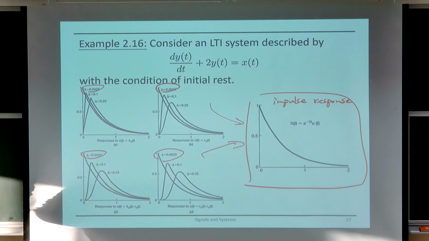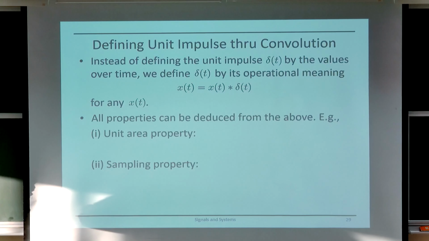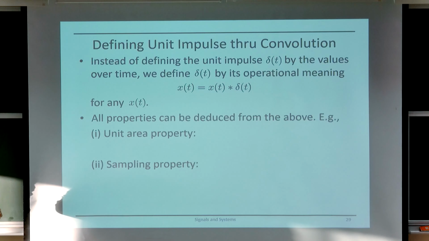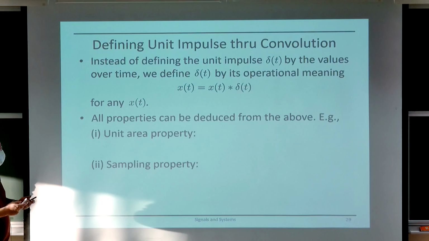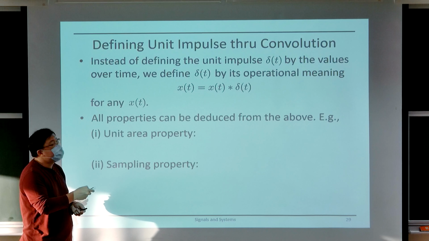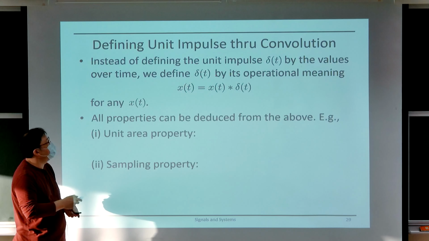In that sense, instead of defining the unit impulse by the values over time, the values that this function takes at each realization of t, it's actually sufficient to just provide delta of t with the following operational definition here.